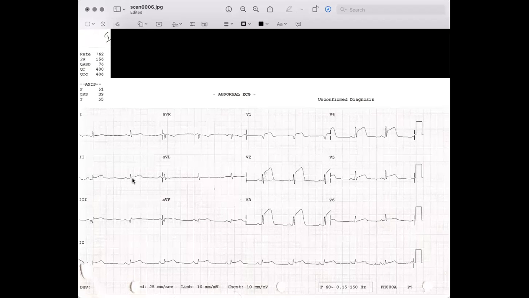Then I will check the axis. It's upright in lead 1 and 2, so it's a normal axis. Then I will check P wave abnormalities. Where do you look for it? Lead 2 and V1.